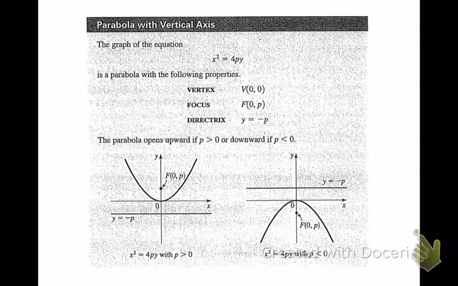The graph of the equation x squared equals 4py is a parabola with the following properties. The vertex is 0, 0. The focus is 0, p. And the directrix is y equals negative p.